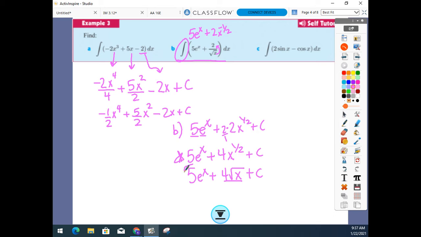When you're going to evaluate, you may wish to go a little further. And the last one's the easiest one. Sine is negative cosine, so that's negative 2 cosine. Cosine stays the same with the antiderivative, which is negative sine plus c.